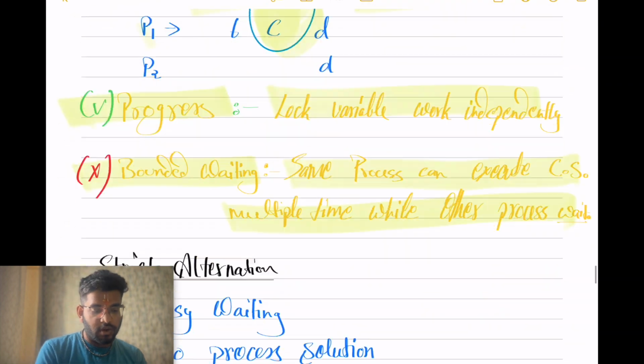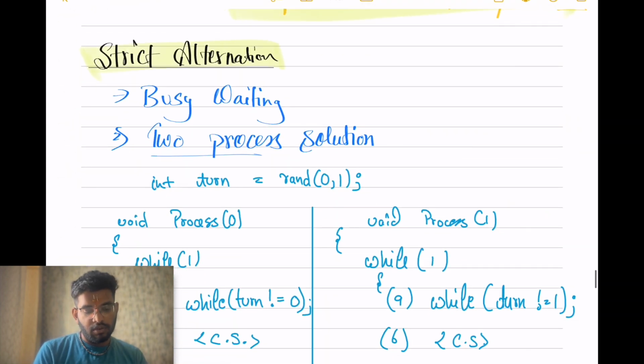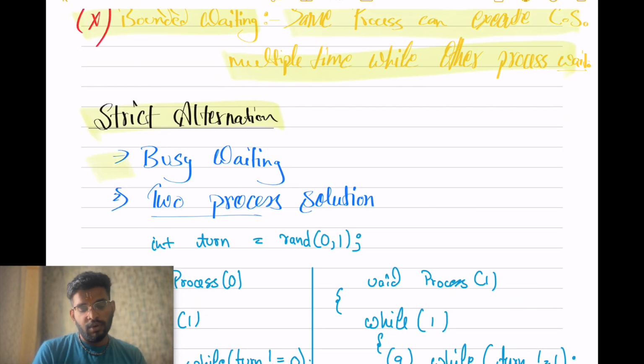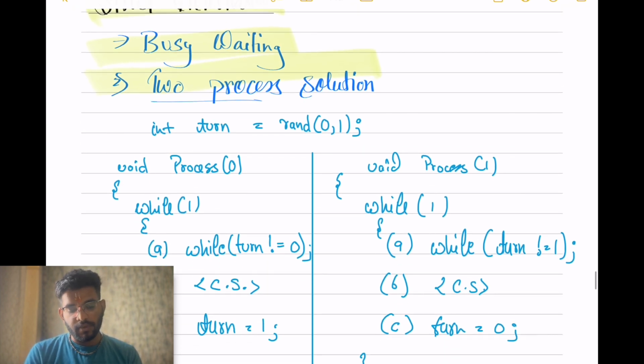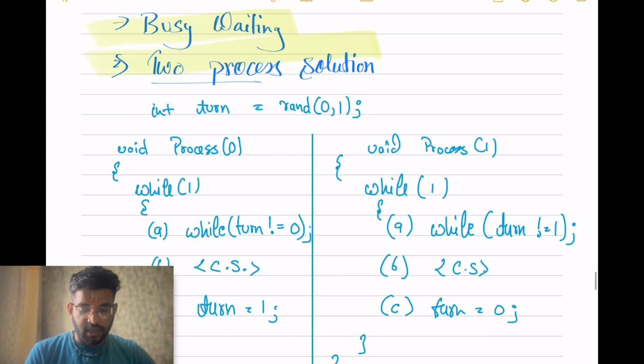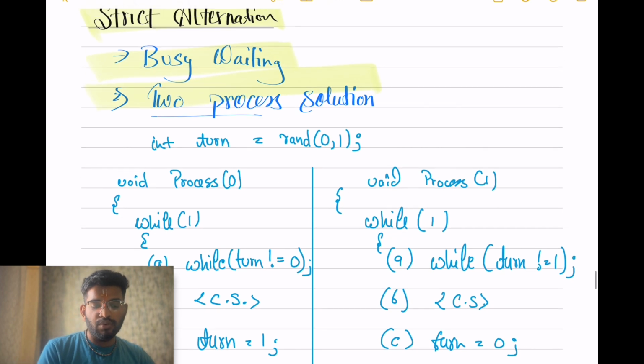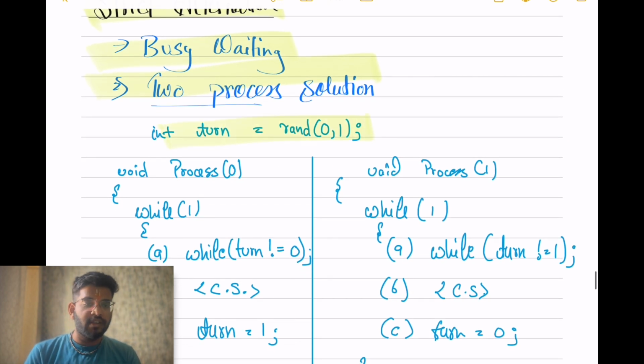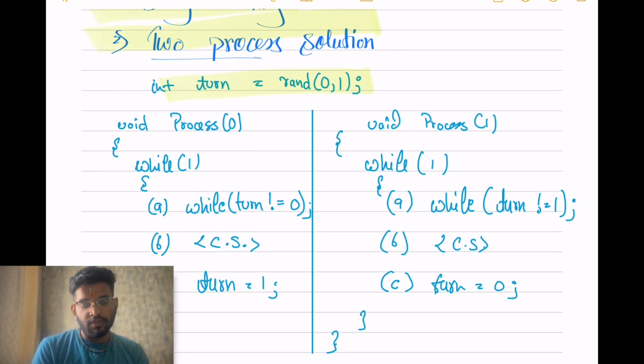Second is strict alternation. It is also busy waiting, but it works only for a two-process solution. Basically a turn variable is used to assign whose turn it is to enter the room. If turn equals 0, then process 0 will enter.